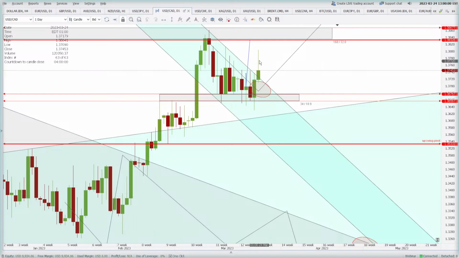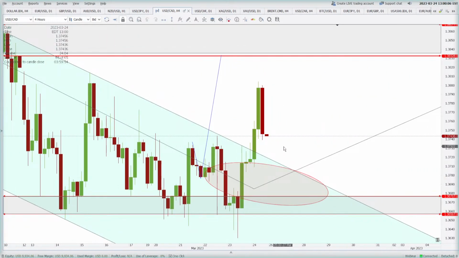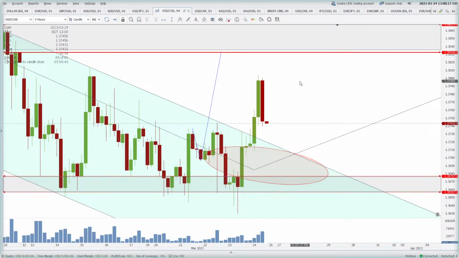Okay, so here we were expecting that the US dollar may be rising towards 1.3832, but on the way it has found some resistance here, which I'm thinking that maybe it will continue rising again, because these highs here which it has broken, in a very clean way, like on the 4-hour at least, it has broken those highs, and the volumes were increasing actually at the time when it was going through those highs.